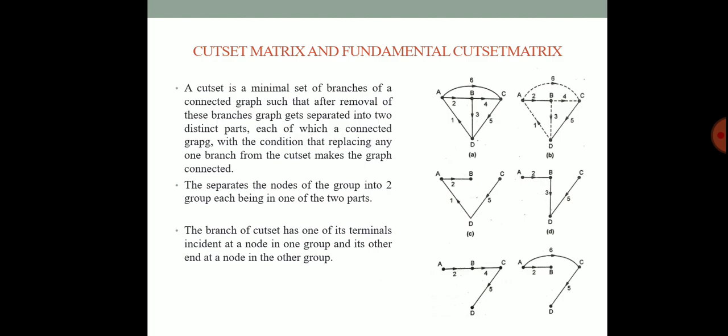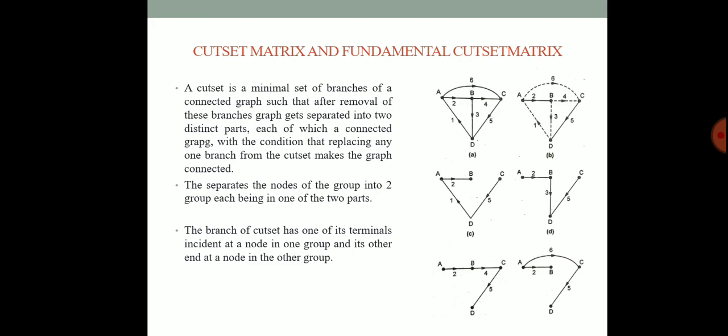Consider that branches 1, 3, 4 and 6 are removed from the graph, which are shown by dashed lines in the figure. The graph is divided into two parts, each of which is connected. Now each branch is replaced one at a time. We get a connected graph for every branch replaced, as shown in the figure.